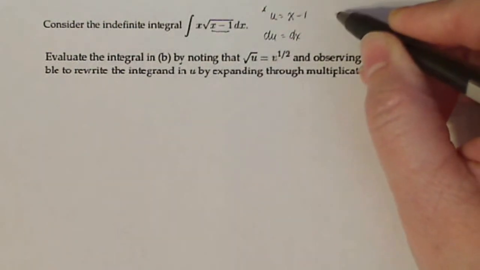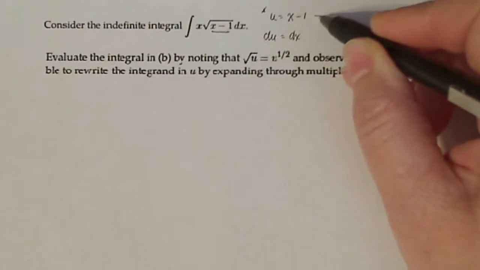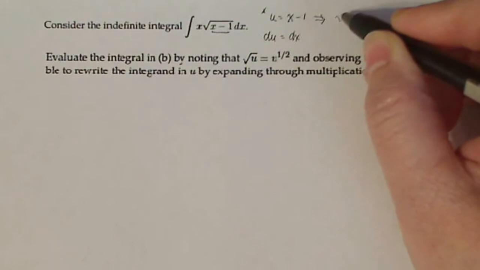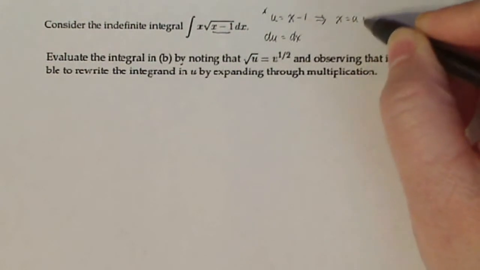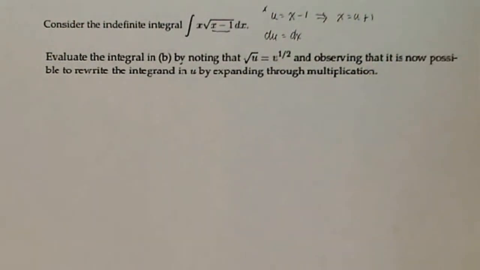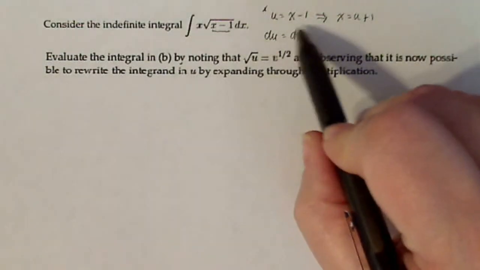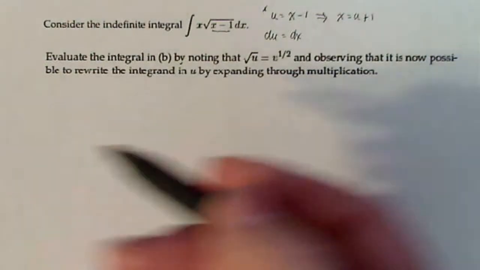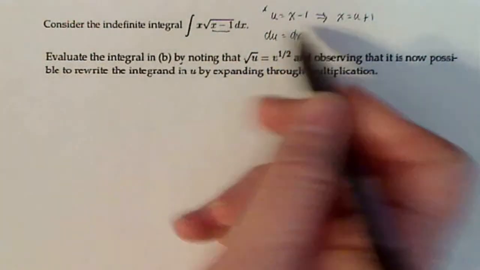But I can say that this implies that if I add 1 to both sides, x is equal to u plus 1. Do you agree? I mean, that is true, right? If u equals x minus 1, then x equals u plus 1. So now watch what happens when you do this with that substitution.